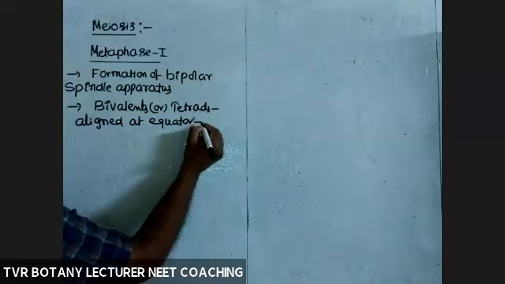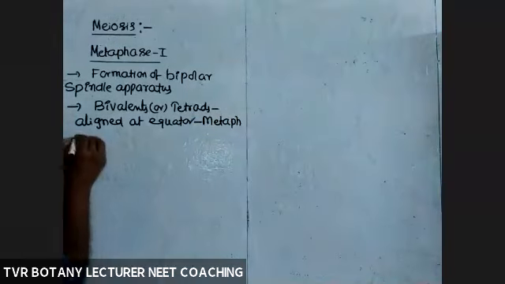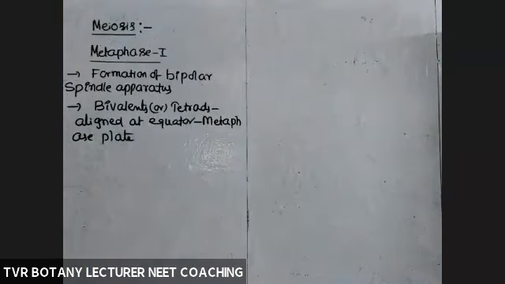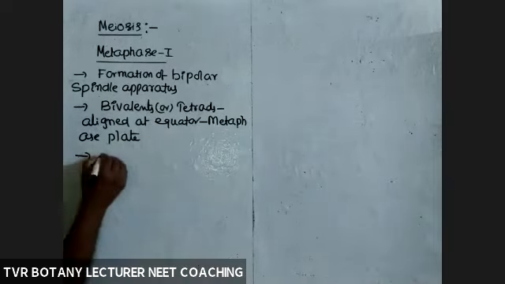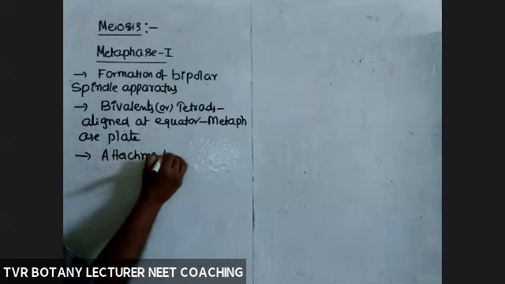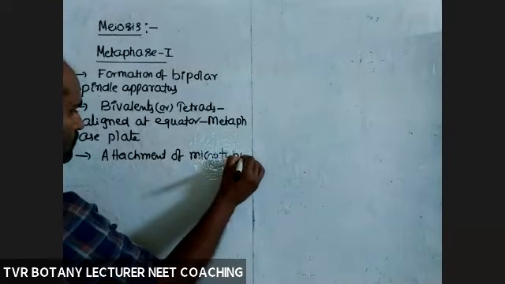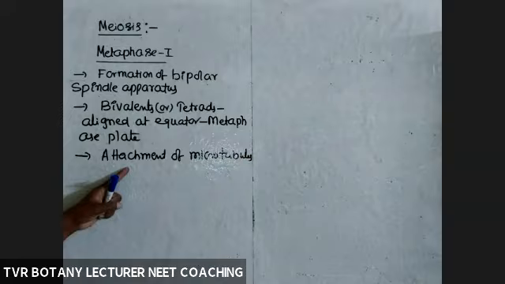So that alignment is called metaphase plate. Metaphase plate, chromosome plate, or equatorial plate. Next event, attachment of microtubule to kinetochore of centromere.